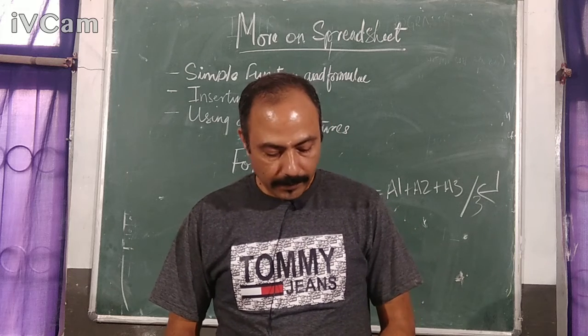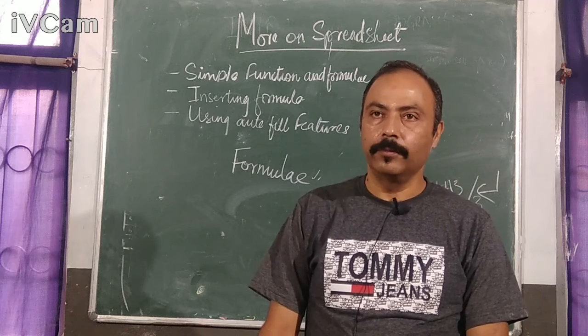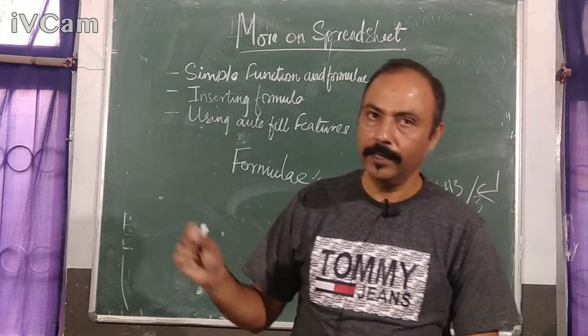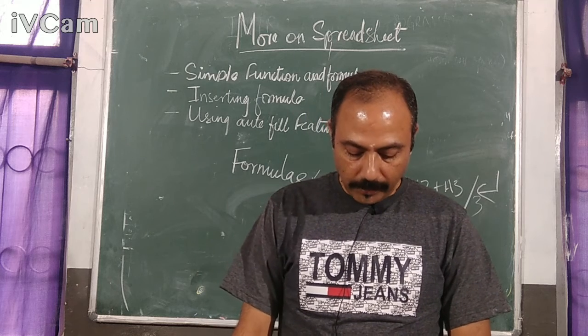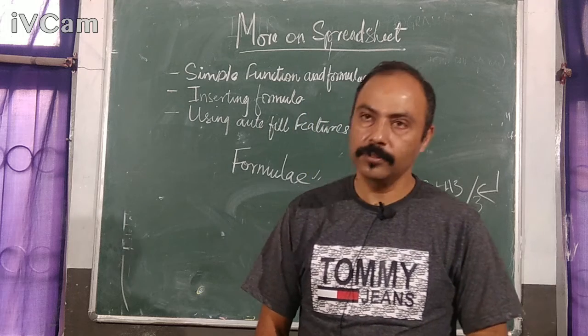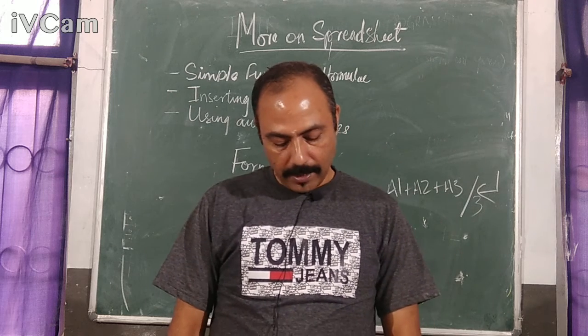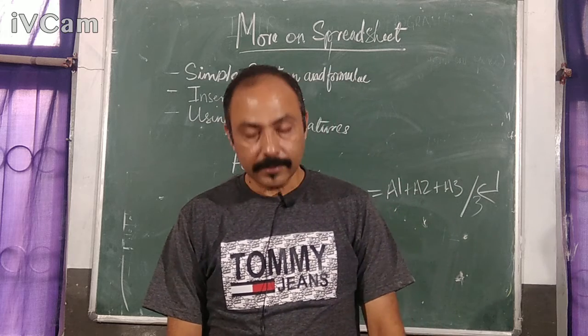While writing the formula, you just have to write it in the cell where you want the result. To insert a formula, click the cell in which you want to insert it. Highlight the cell, click the formula bar, type the equals to sign. The equals to sign is a must in the formula also. Enter the formula you want to use and press enter.